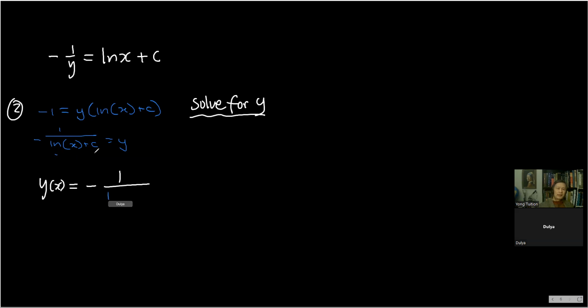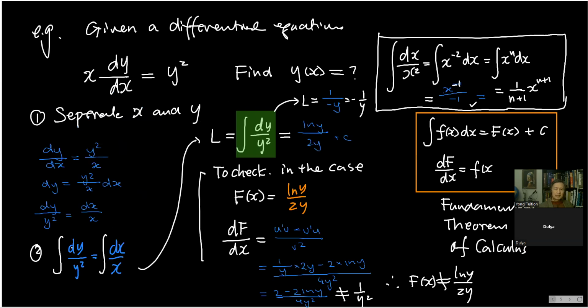You can put a constant here, or alternatively you can put a constant over here. You agree? Because according to the product rule, we can rearrange that. Yes, that is a solution of this problem.